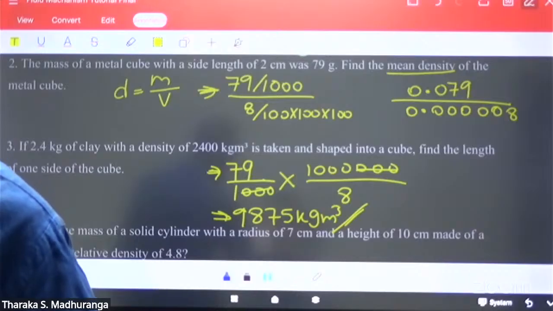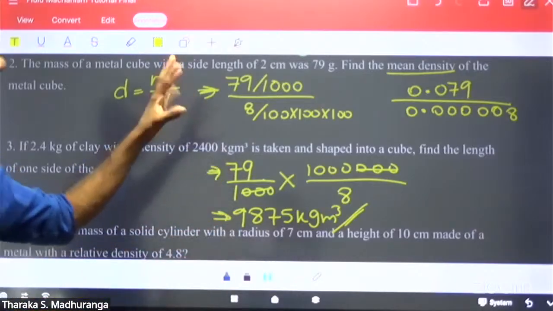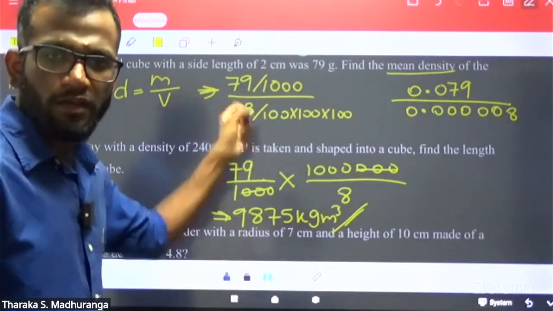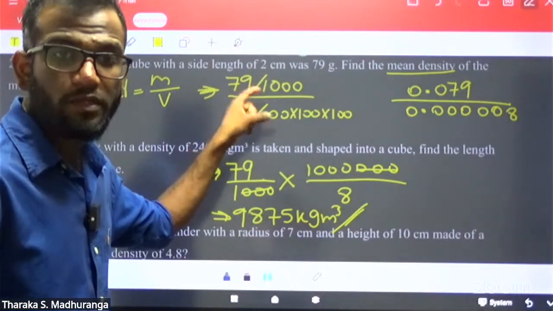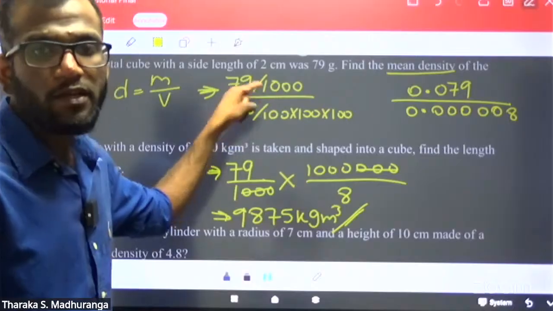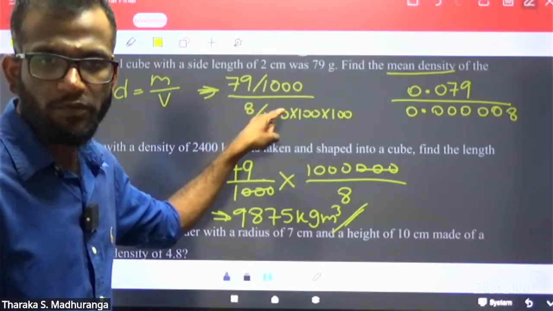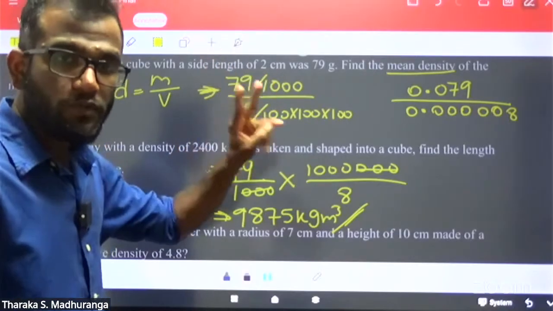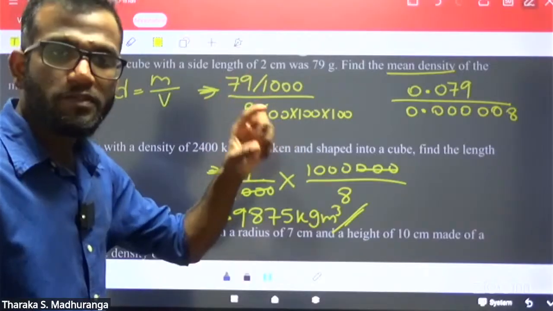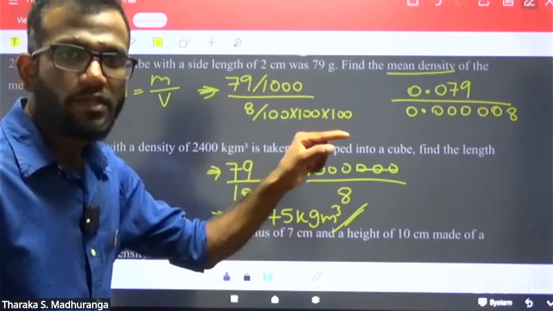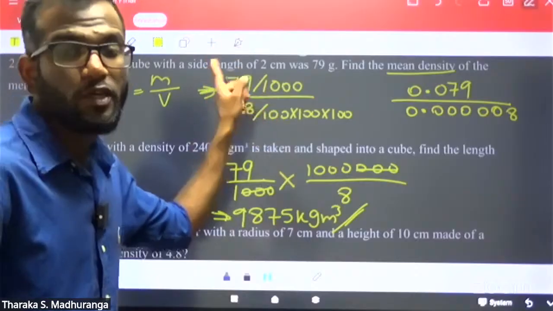Okay, I got it. It is only substituting into the density equation with standard units. The 79 grams I converted into kilograms by dividing by 1000. One side length is 2 centimeter, then the volume is 2 into 2 into 2, which is 8 cubic centimeter.